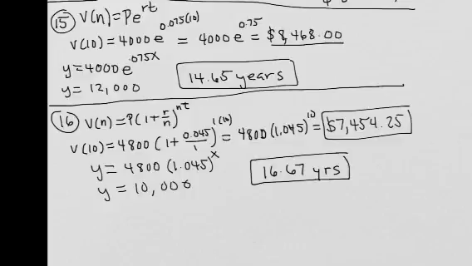Okay, so after looking at the graph and doing the intersection of the two, I got 16.67 years. So at that time, it will be worth $10,000.